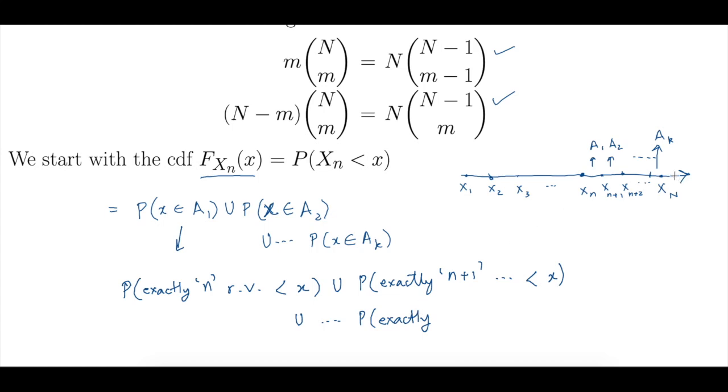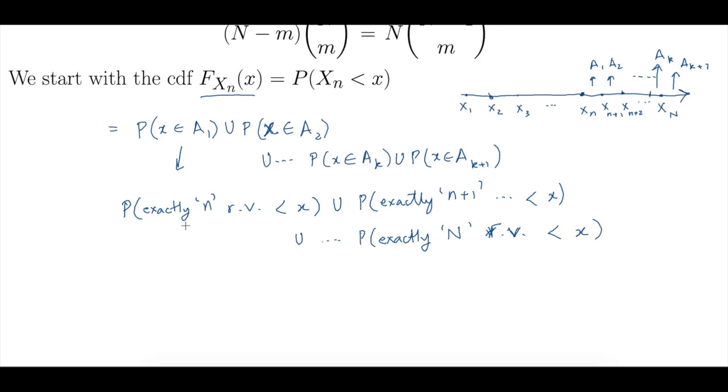And x can be actually here as well, so this should be AK plus 1, and x can be anywhere. So exactly n of these random variables (RV means random variables) are less than x.